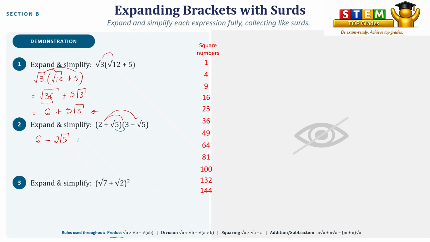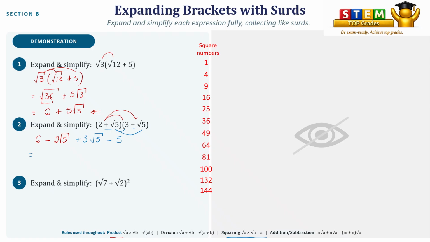So that gives me 3 root 5, and then root 5 times root 5. Now you can see this is an identical surd multiplied by itself. Okay, therefore it ends up with 5. And again, be careful of that negative sign. So positive multiplied by negative gives you a negative. So that's going to be negative 5.